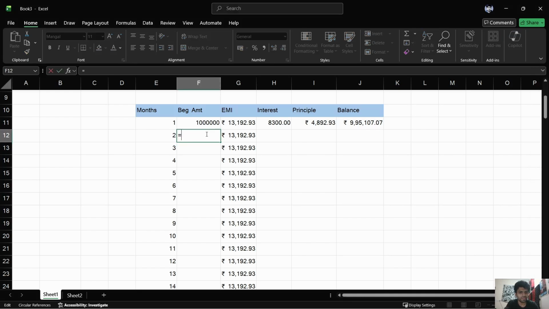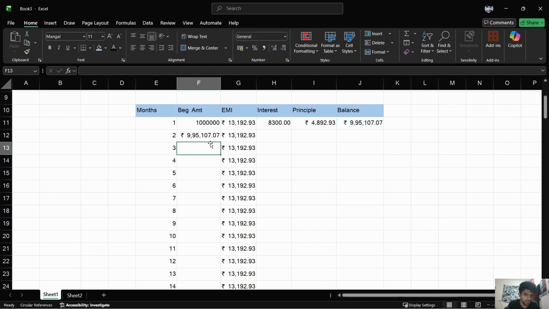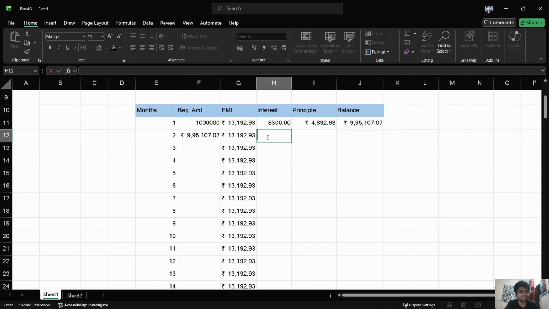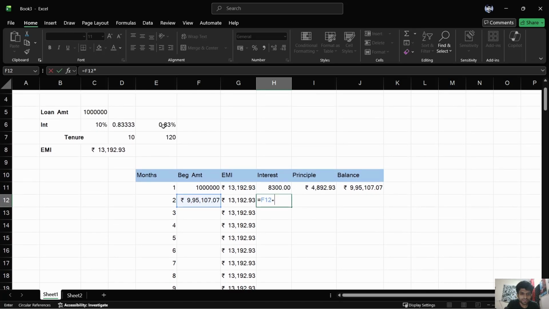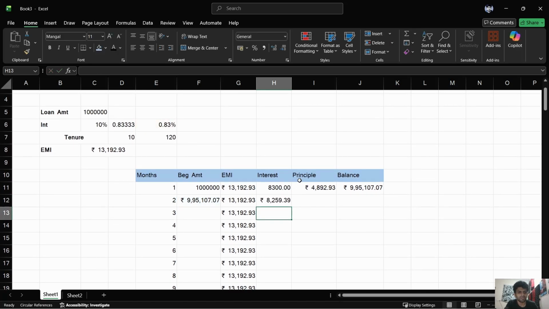Now the beginning amount is not 10 lakhs, it is 9,95,107.07. Similarly the interest would be calculated, but now we won't be taking the amount above, we will be taking this into 0.80%, which gives 8,059.39.